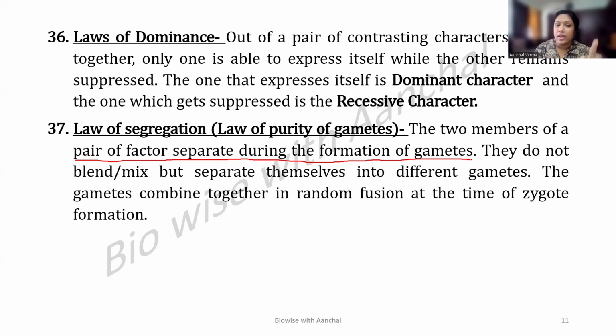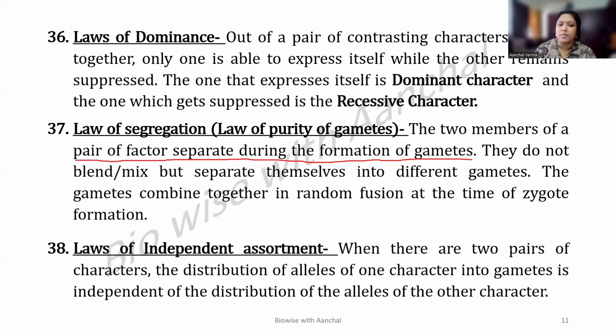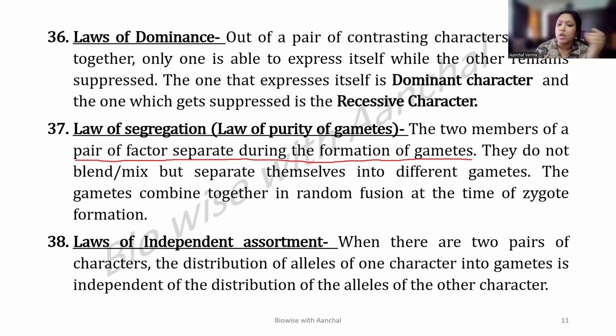The F1 generation of the monohybrid cross as well as the dihybrid cross explains law of dominance. Whichever allele, or you can say trait, is dominant will express itself. Law of independent assortment: when there are two pairs of characters, the distribution of the alleles of one character into the gamete is independent of the distribution of the alleles of the other character.